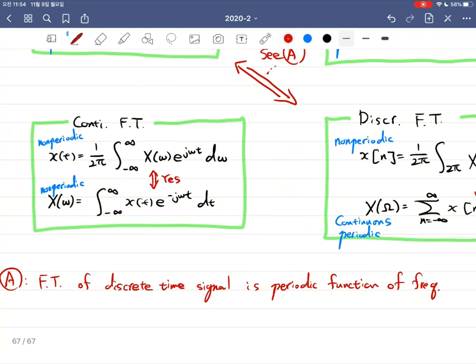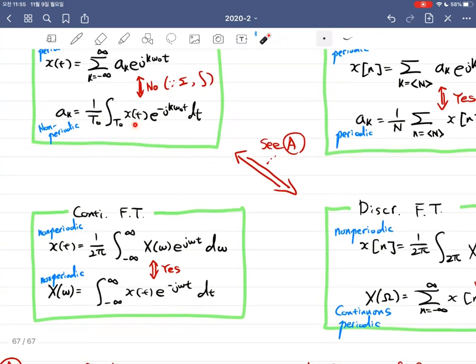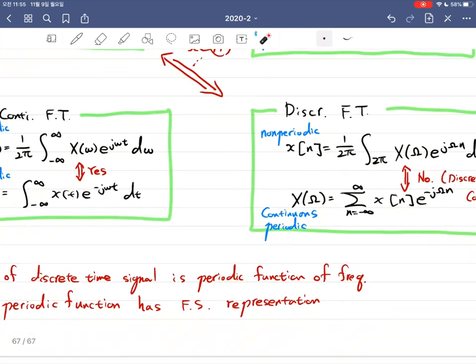And since it's periodic, that periodic function will definitely have a Fourier series representation because it's periodic, right? So if you put that continuous periodic function into this variable, then you will have the Fourier series representation, and that representation coefficient is the original sequence itself.